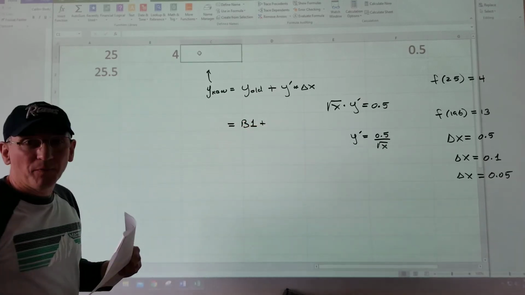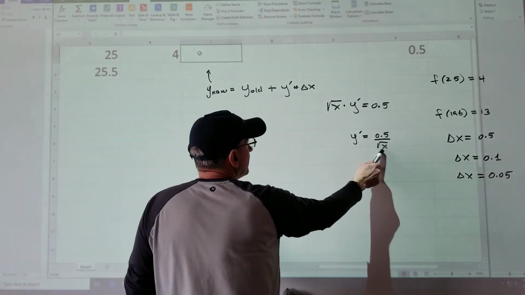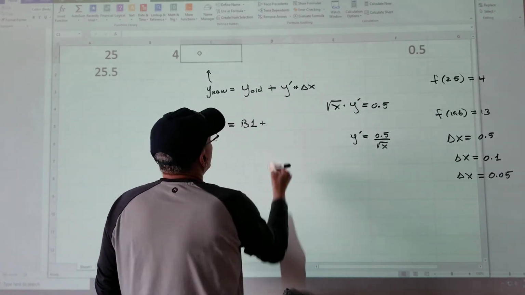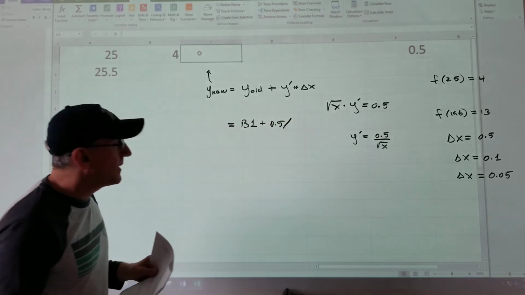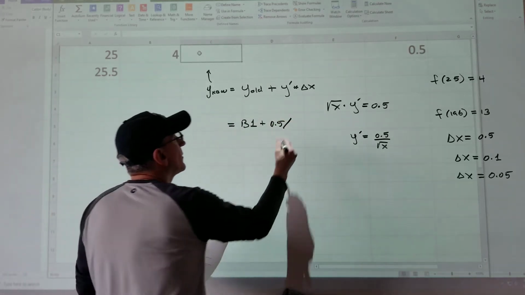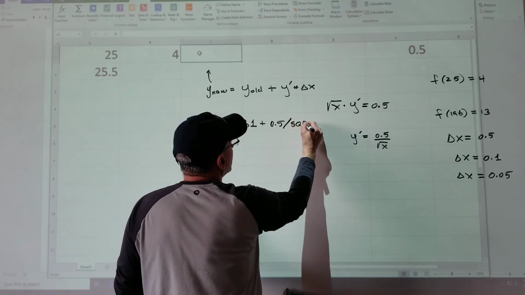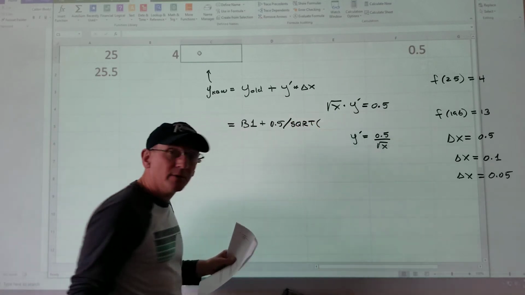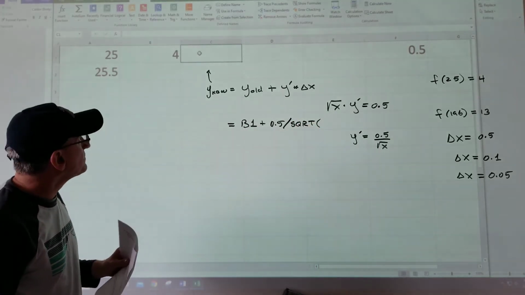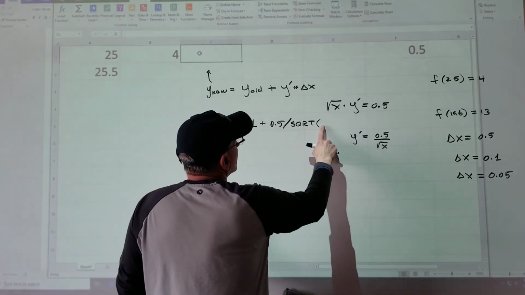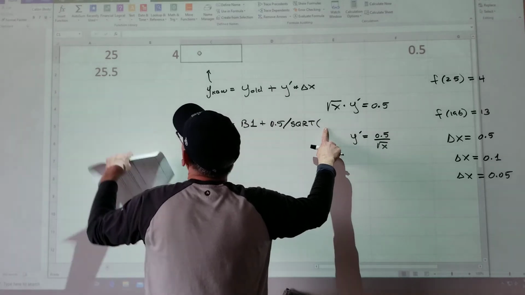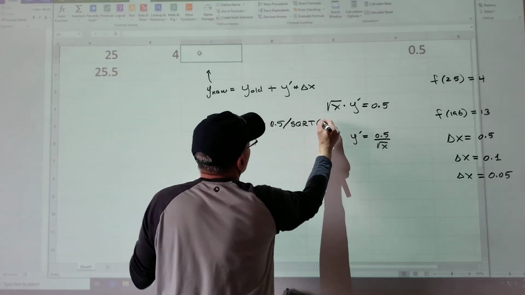Y prime is supposed to look like this. So I'll type 0.5 divide by, and then for Excel and also for Google Sheets, you're going to want to write SQRT. That's how you do a square root. Now you need to put something in here for the old x, which is back here in cell A1.